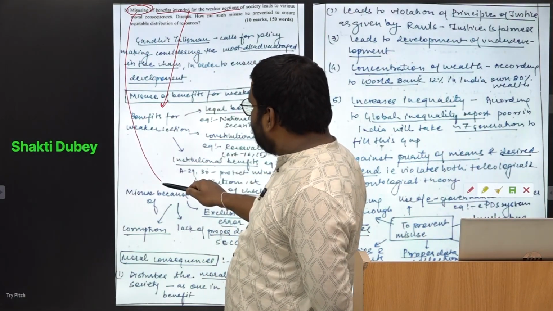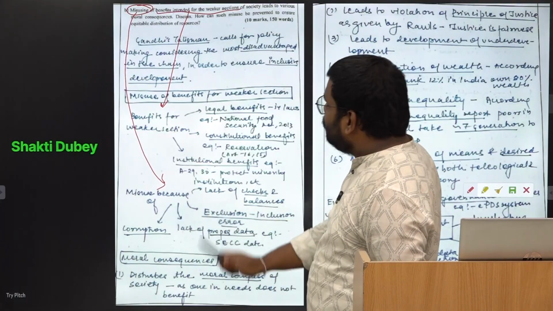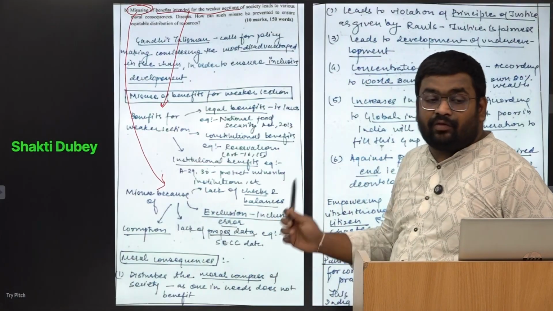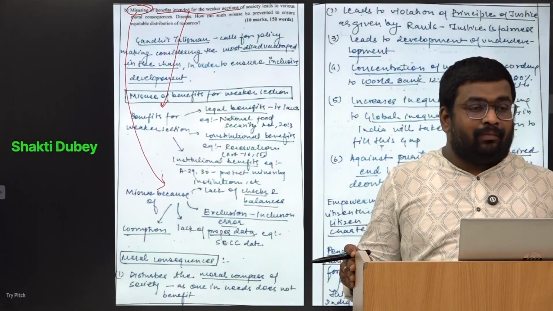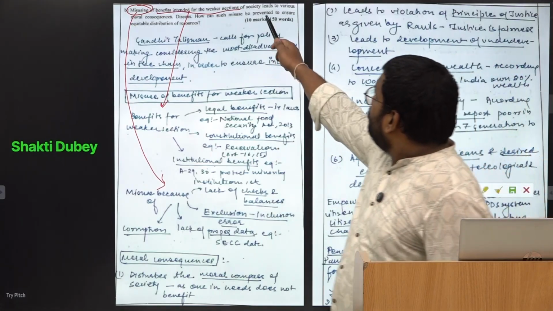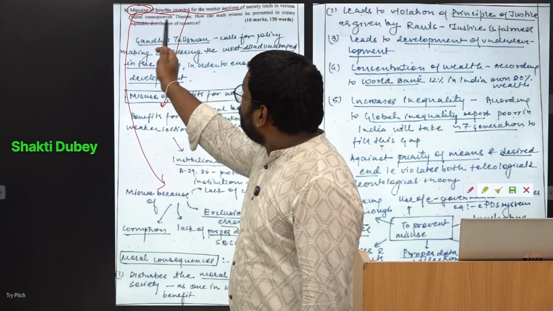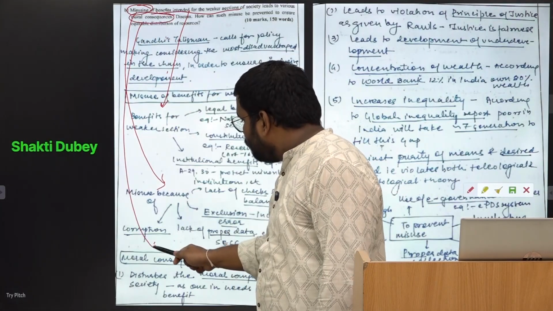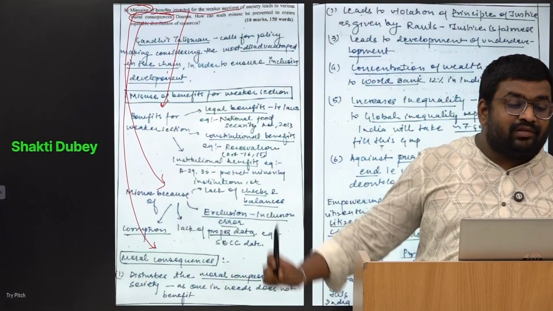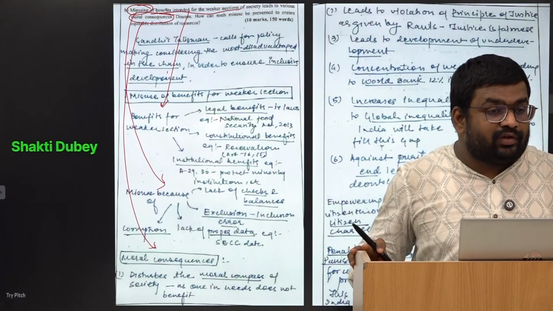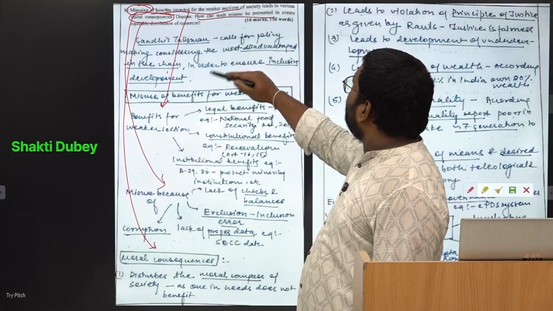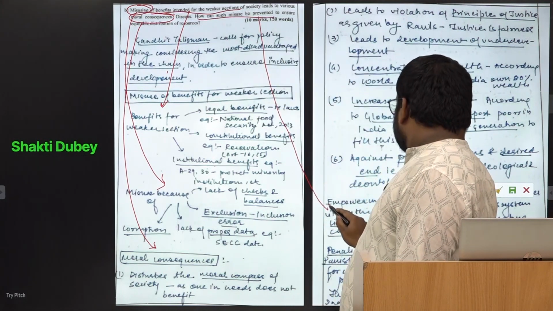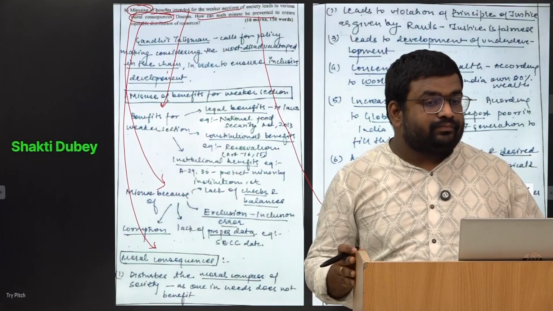So reasons behind misuse are corruption, lack of checks and balances, inclusion and exclusion error, lack of data. Then leads to various moral consequences. This is the part on the moral consequences of misusing. And last, how can such misuse be prevented? That is the way forward.